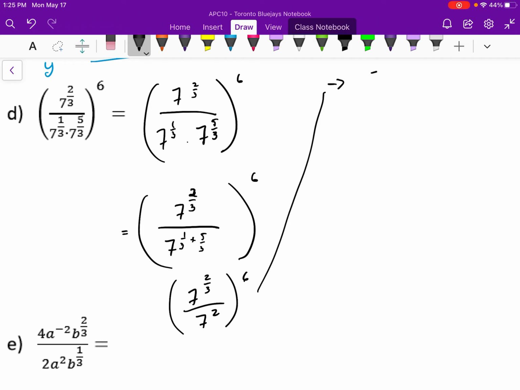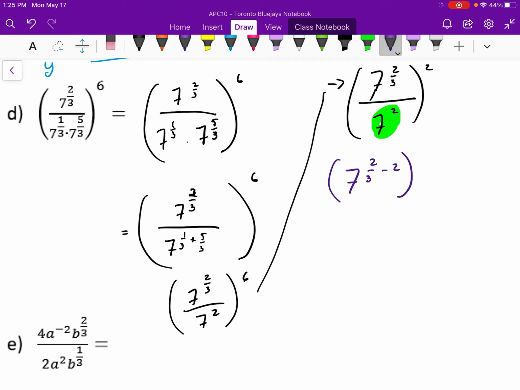Now, I don't want to lose you, so I'm going to have to do a lot of rewriting here, right? And now I would use the quotient rule. And the quotient rule just simply is, I'm going to try to get that up to the numerator, and I would subtract my exponent 2.